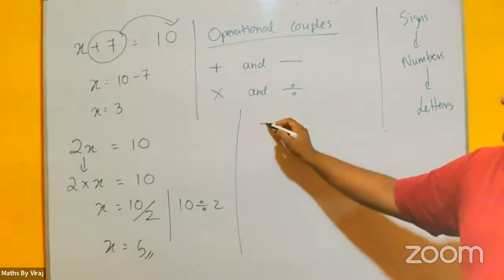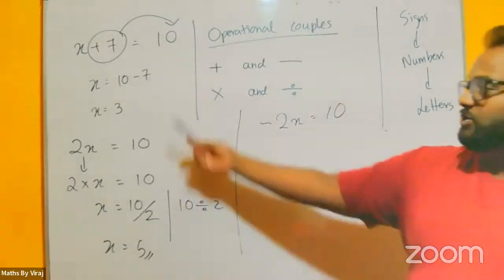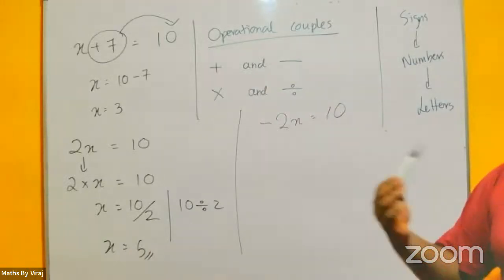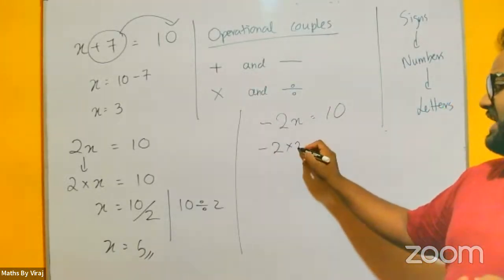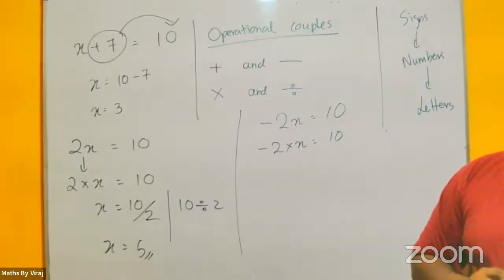If you look at this, minus 2x is equal to 10. According to this theory, if a minus term goes to this side, it becomes plus. But here, we understand that minus 2 is multiplied by x.